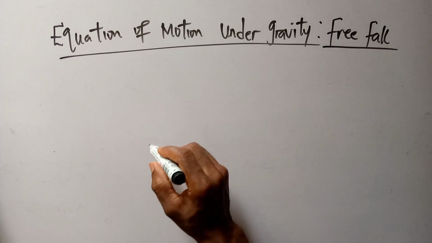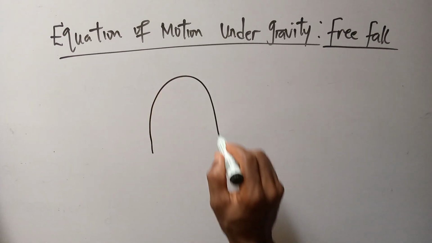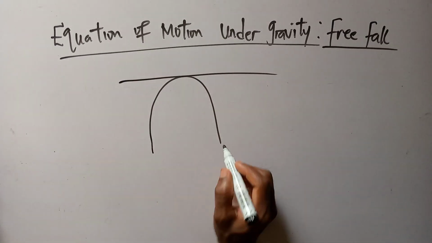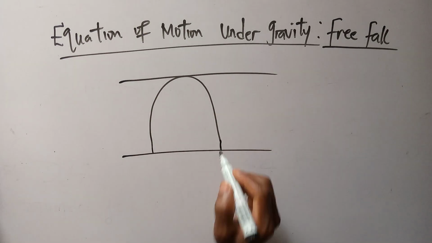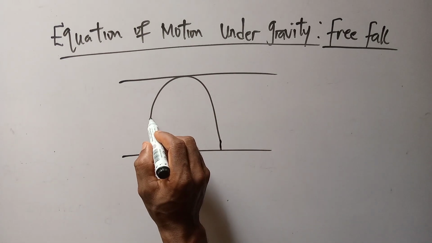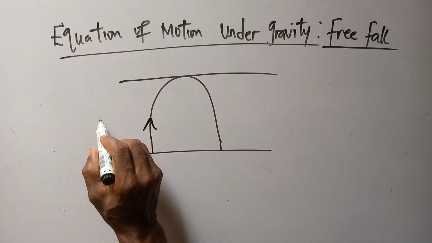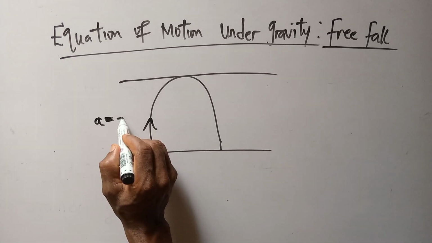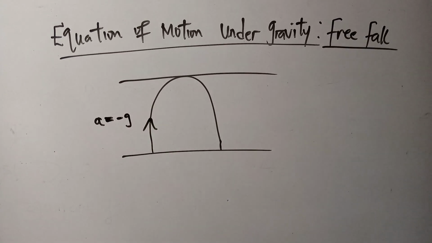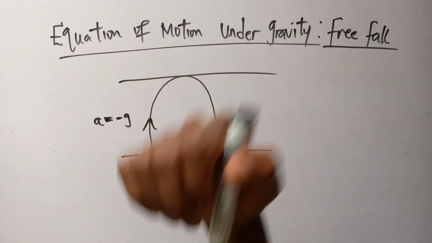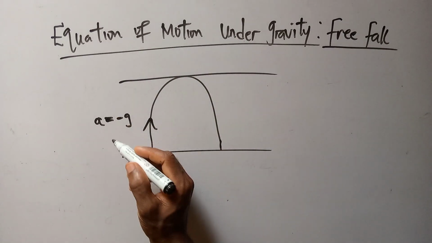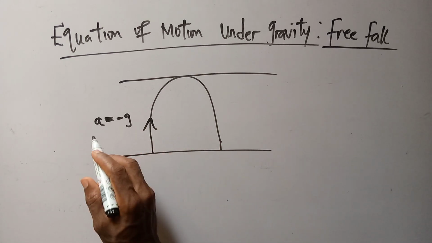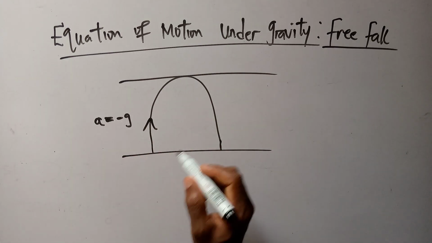Okay, now let's look at the equations of motion under gravity. Now let's assume that an object is being thrown to a height. Whenever an object is thrown to a height, acceleration will be given by negative g. Since gravity is acting downward, acceleration will be acting opposite, so our acceleration will be negative g.